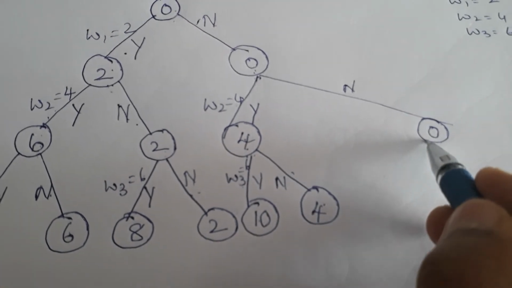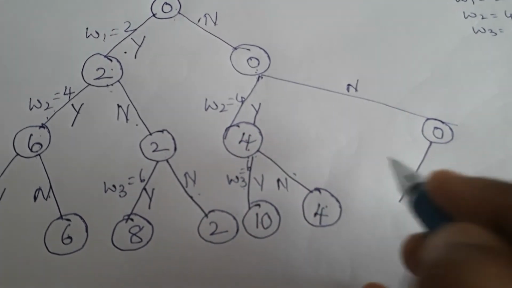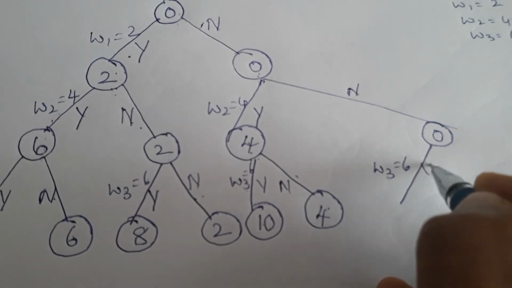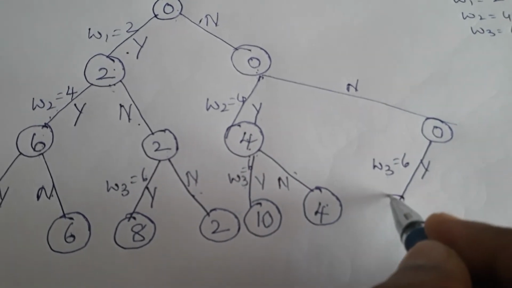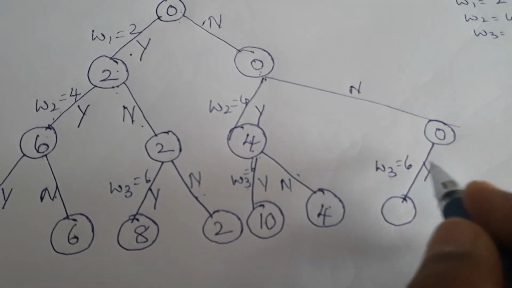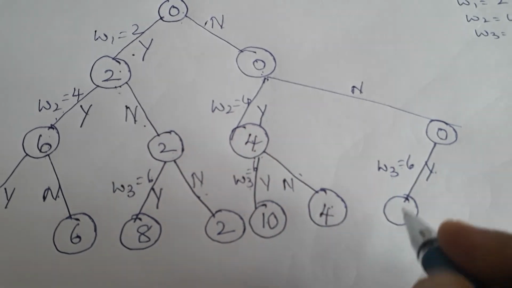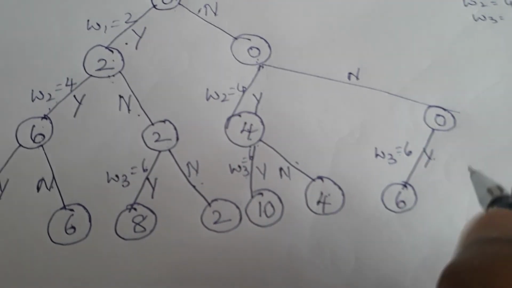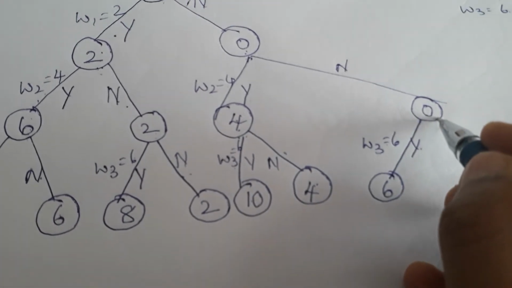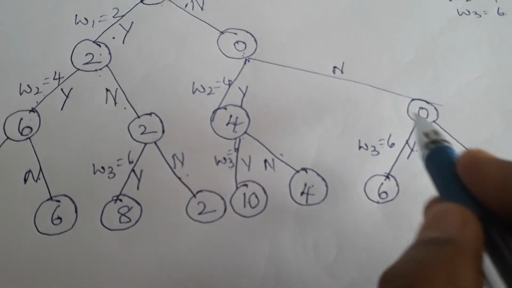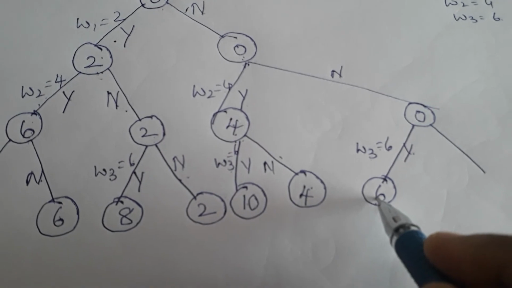Now at this level 2 we have the option to consider w3 is equal to 6 in the subset. If you consider w3 is equal to 6 in the subset, then the sum of the subset is 0 plus 6, which is 6. Now we have finished all three elements in the given set.